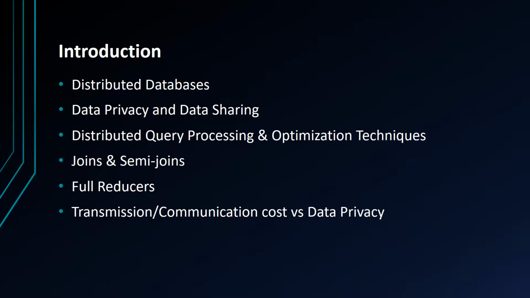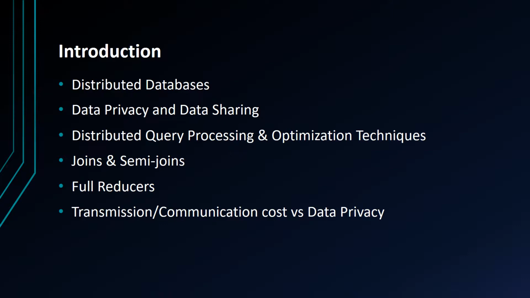We have different machines on the network. These machines can be treated as nodes or sites. So in a distributed database, we can also say that there are autonomous processors that may participate in database operations.